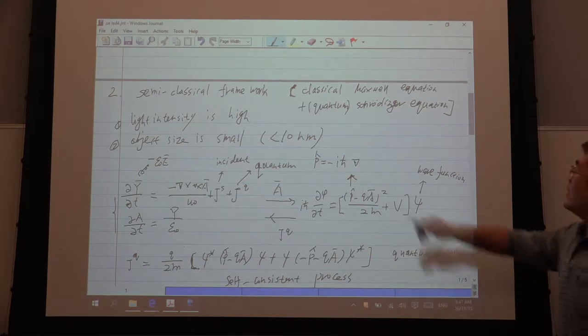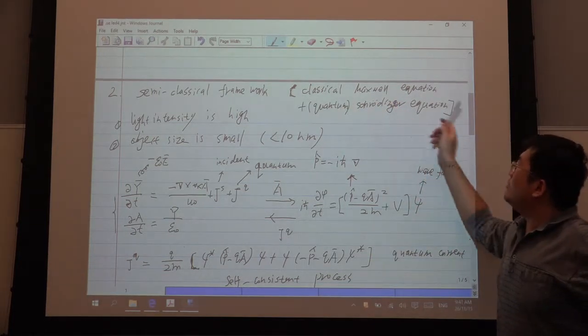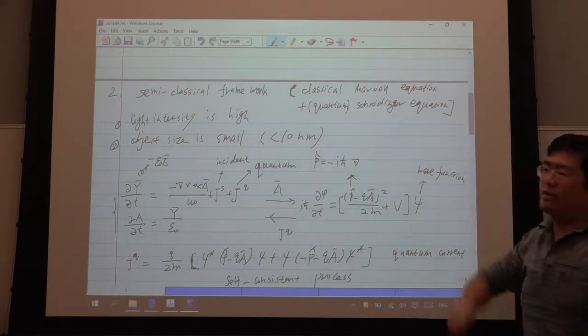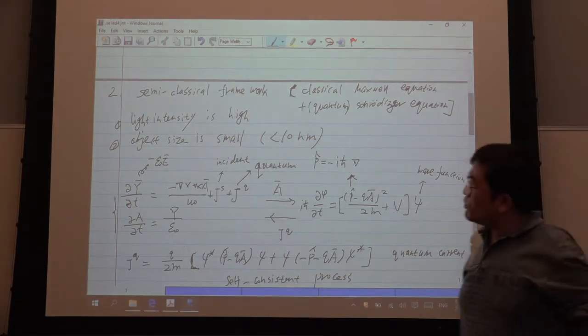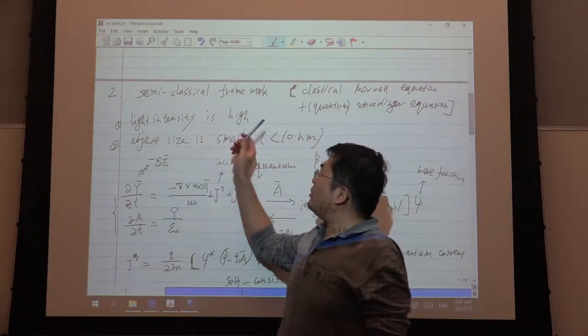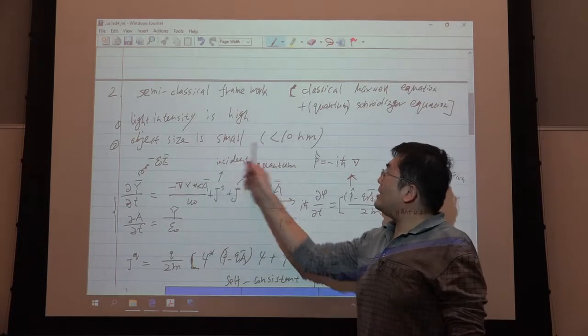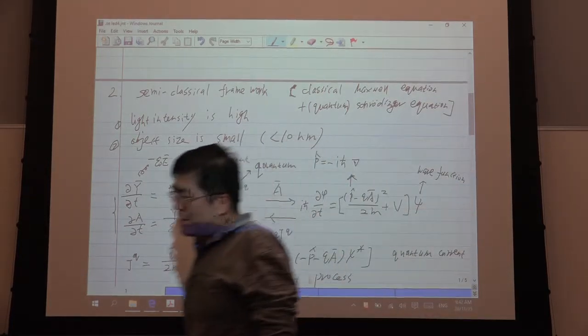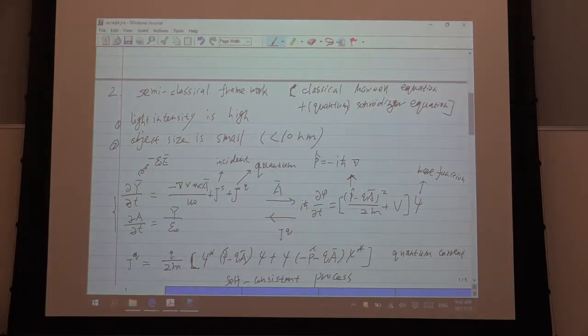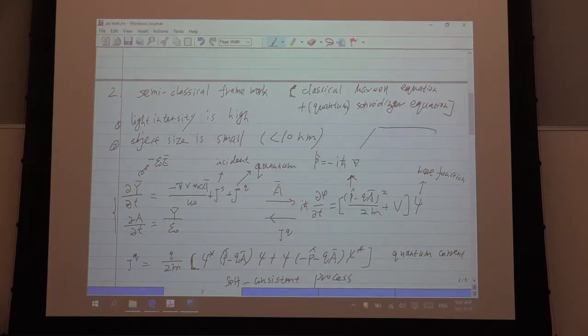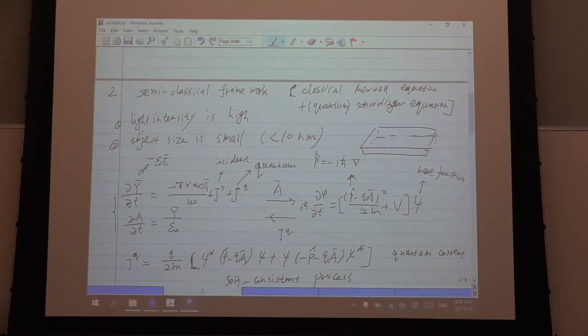This is just the classical Maxwell equation plus the quantum mechanical Schrodinger equation. It has two situations. In one situation, the light intensity is still high, but the object size is small, I mean, smaller than 10 nanometers. Consider a problem. This is a silicon wafer, maybe silicon or GaAs, no problem.